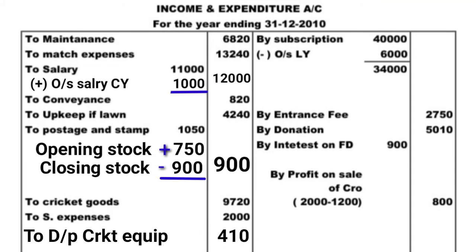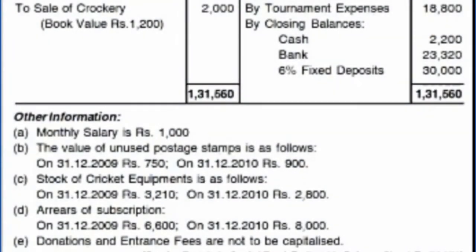Next adjustment. Arrears of subscription on 31st December 2009, rupees 6,600. On 31st December 2010, rupees 8,000. This is the outstanding subscription at the end of the last year, rupees 6,600, and at the end of 31st December 2010, rupees 8,000.